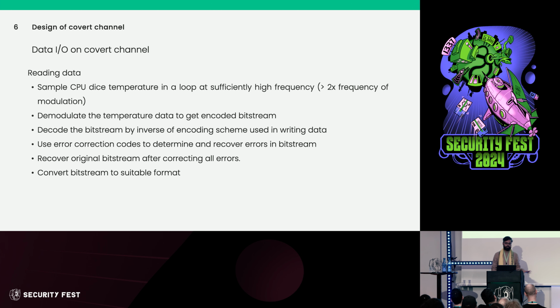Okay, how many of you are from an electronics background? Few of you. How many of you studied digital signal processing? Digital image processing? Okay, no one. Fine. There is a theorem called the Nyquist theorem.